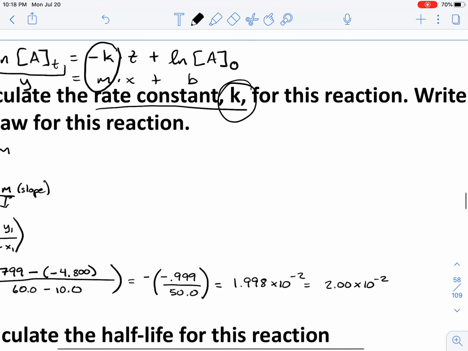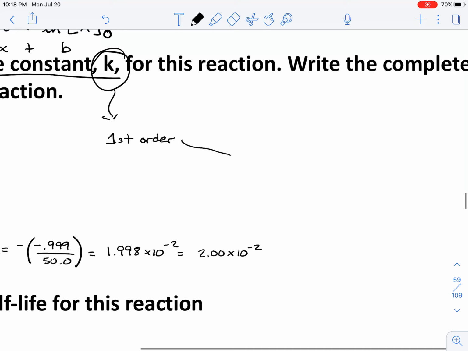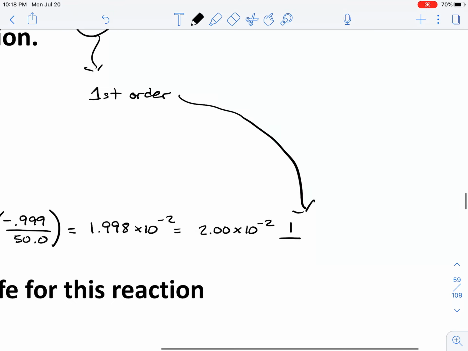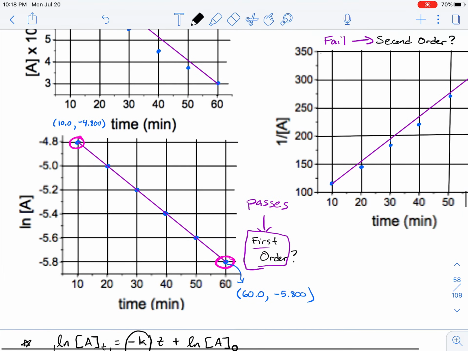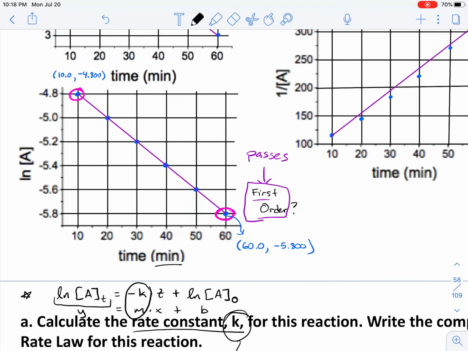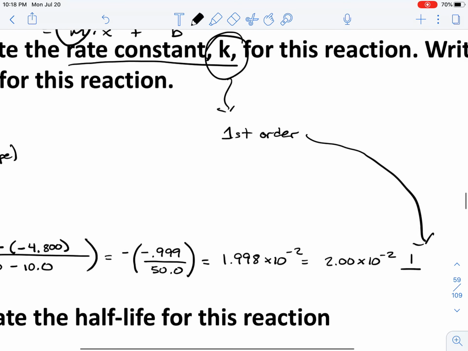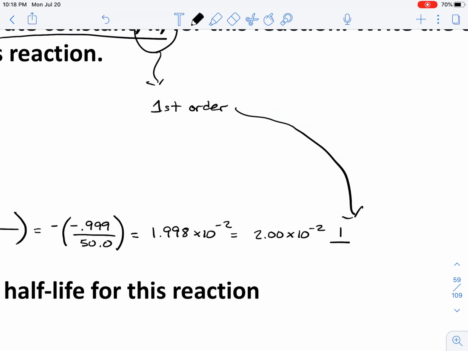And since we're undergoing first order kinetics, the unit for k for first order kinetics is going to be 1 per time. And so in the previous lecture video it is 1 per second. But if you guys recall, the unit for time in this example is minutes. And so the unit is going to be 1 per minute.